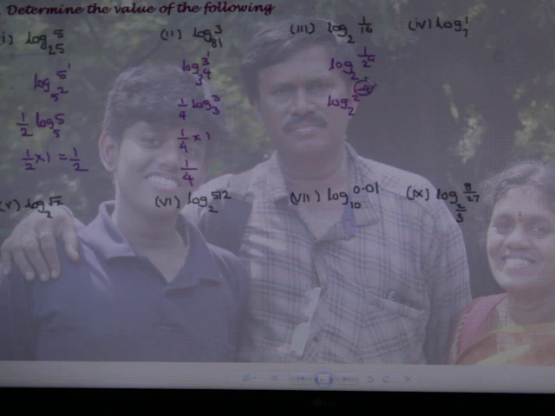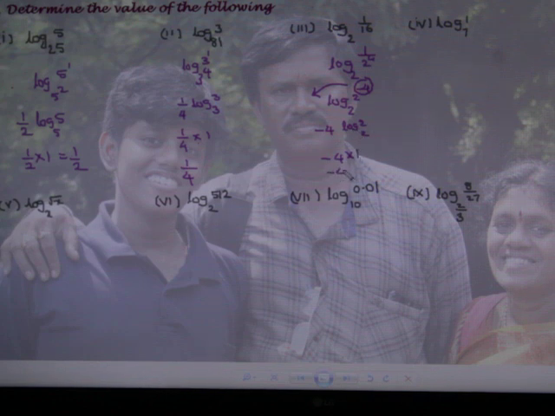According to the formula log a power m is m log a, bring this to here, that is minus 4 log 2 base 2. Minus 4 into what is log to the same base? Log a base a is 1. Therefore, minus 4 is the answer.